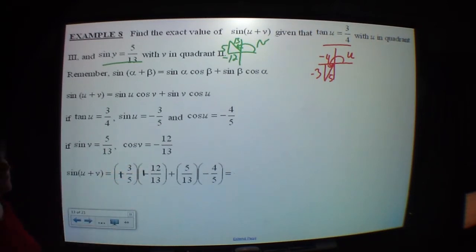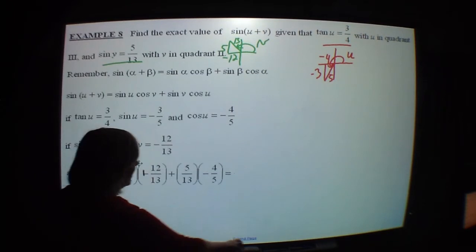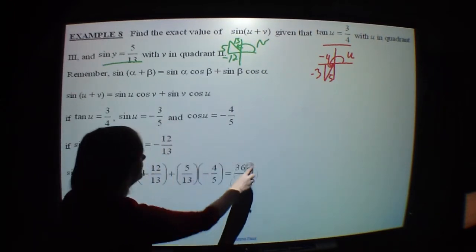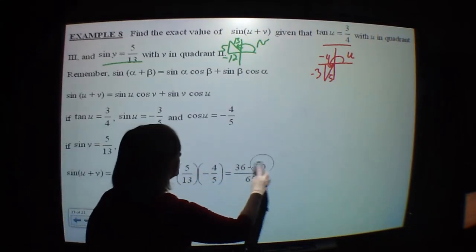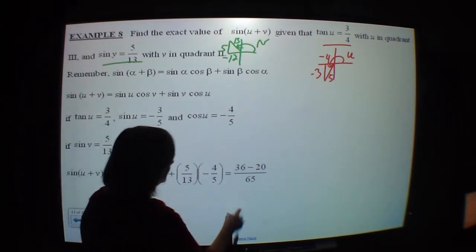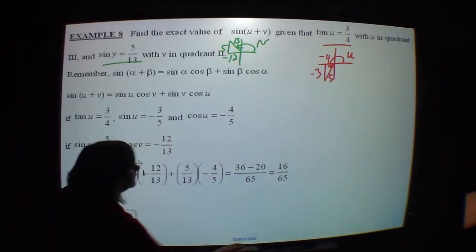Sometimes you can cancel out, and if you don't cancel first, you're multiplying sometimes really big numbers. So here I have 36 on the top and 65 on the bottom. And here I have 20 on the top, but it's minus 20, and also 65 on the bottom. 36 minus 20 is 16 over 65. Done.